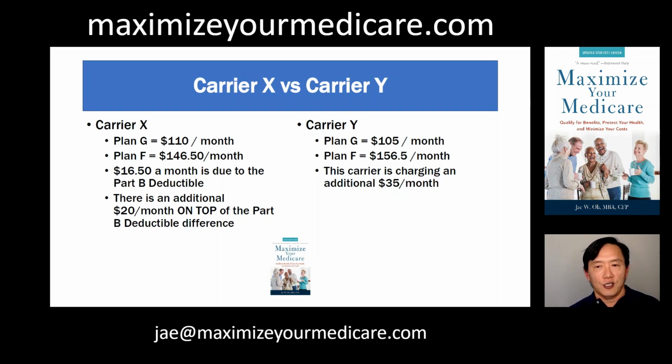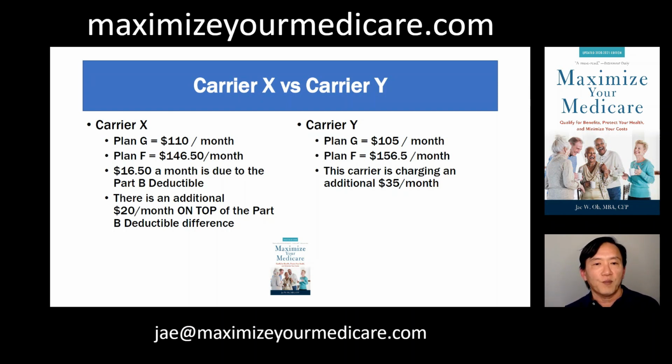Let's take a look at these differences, and you can see what ends up happening. So let's just take two different carriers. Let's call it carrier X there on the left, carrier Y on the right. And this kind of pricing difference does exist in the real world.